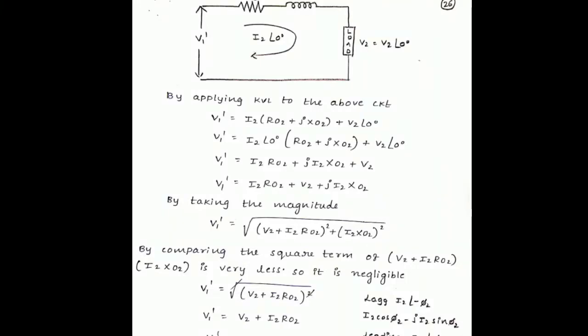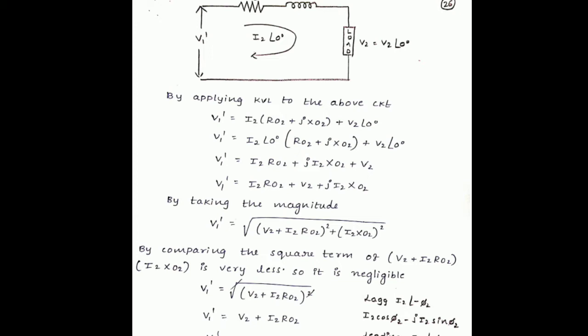If you bring the real parts together, I2 R02 and V2 are the real parts of the equation, and jI2 X02 is the imaginary part. Combining the two, I2 R02 and V2 form one term, and jI2 X02 is another term.